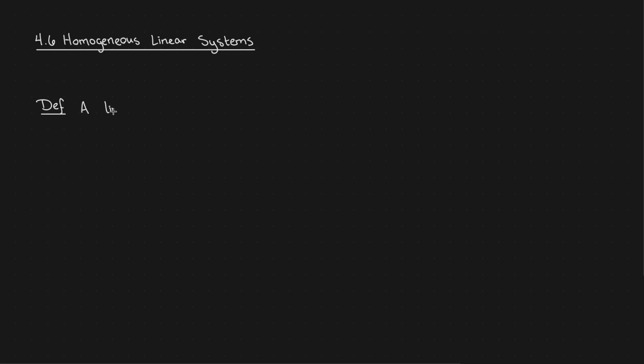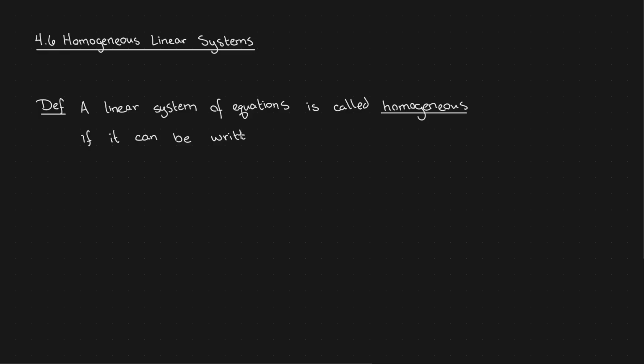A linear system of equations is called homogeneous if it can be written as a matrix equation Ax equals 0.